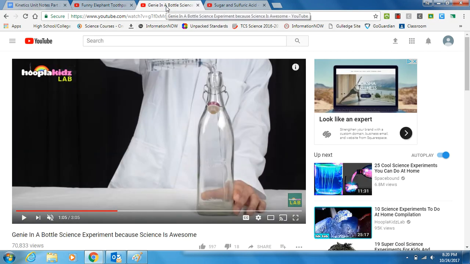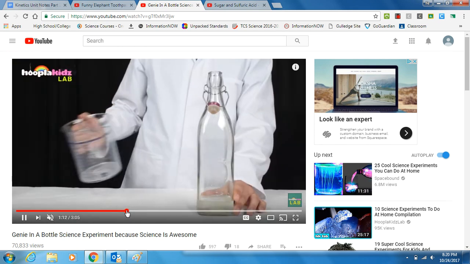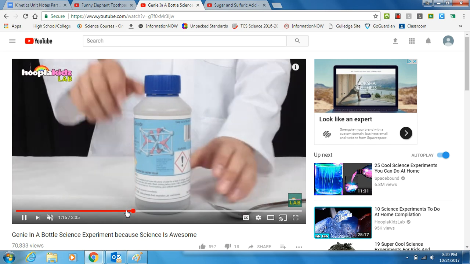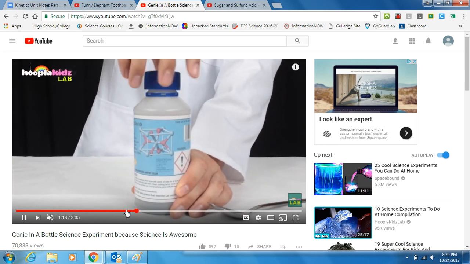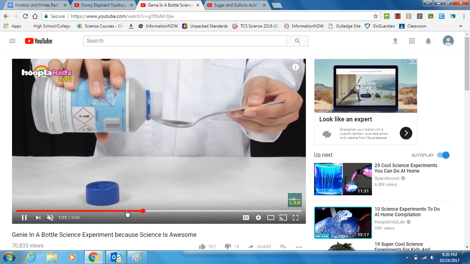The next one that I want to show you is the Genie in the bottle. This is also hydrogen peroxide that this scientist is putting inside the bottle. The catalyst they're adding here is solid manganese dioxide. So there's a solid in there that he's going to take out any moment now.